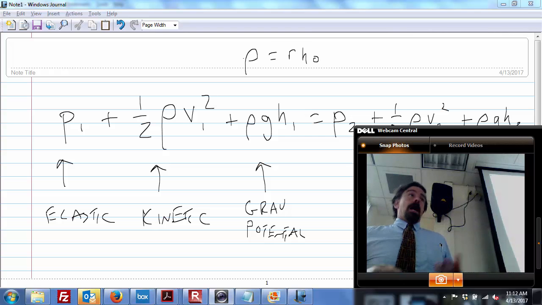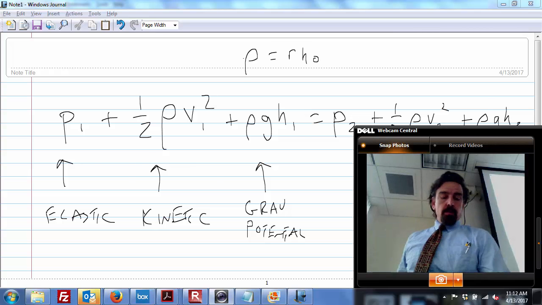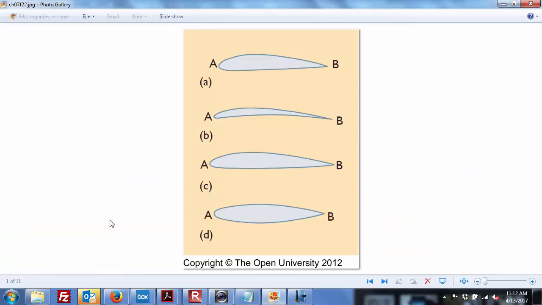So air, which is what we're talking about when we go back to our airfoils, has elastic energy, and it's the elastic energy in the air right now that's allowing you to hear my voice. I'm sending pressure waves from my mouth to your eardrums that's conveying information.